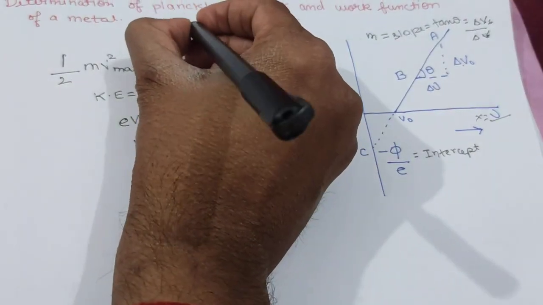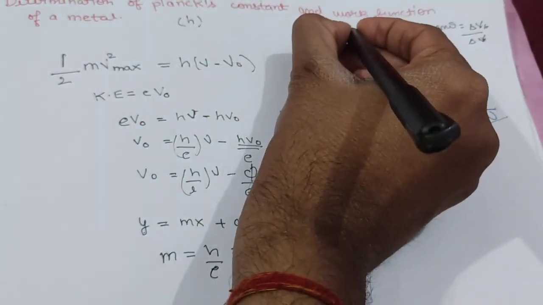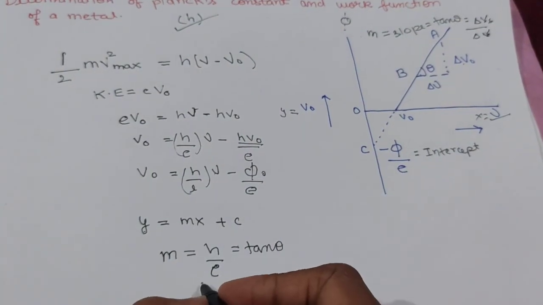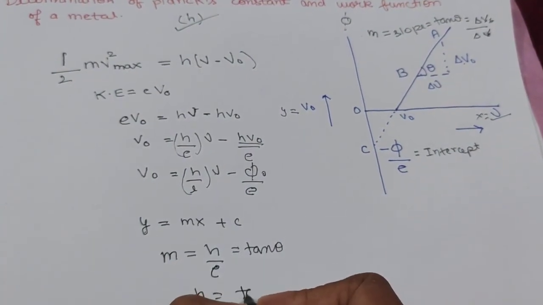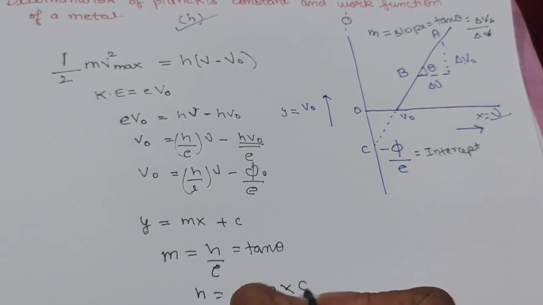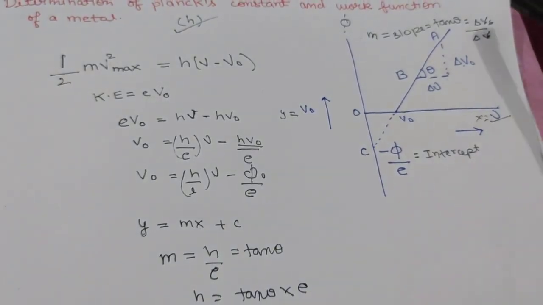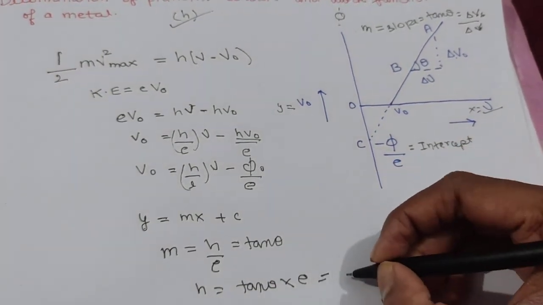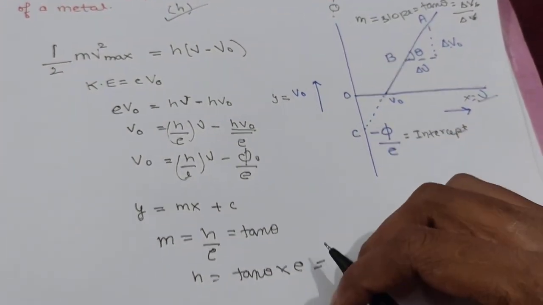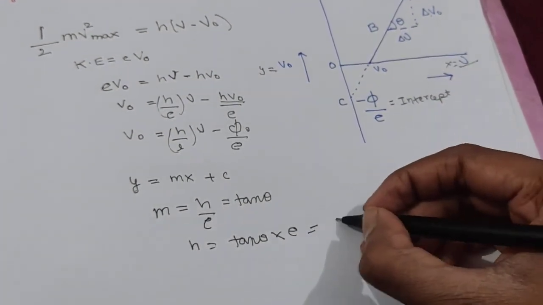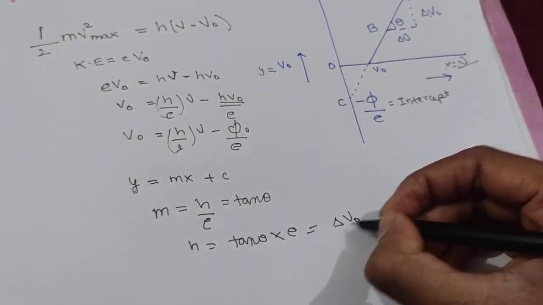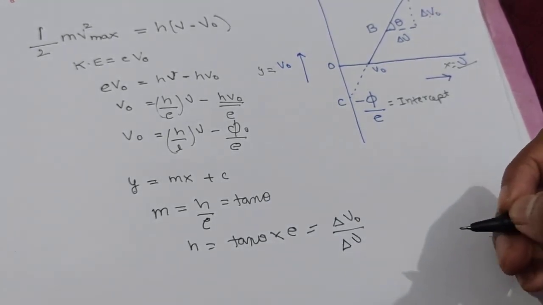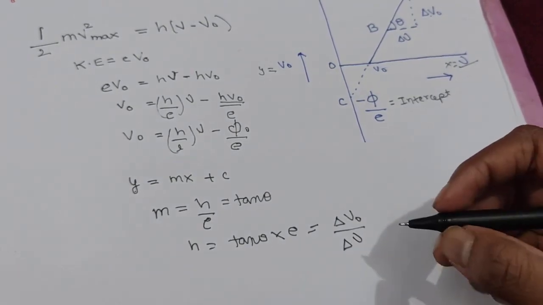I already said that we need to find h and the work function. So we find h by this: h is equal to tan theta into e, and from here our tan theta is the difference of stopping potential divided by the difference of frequency. So this is what we got.